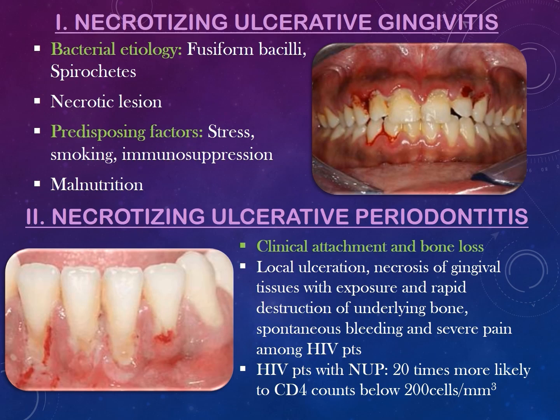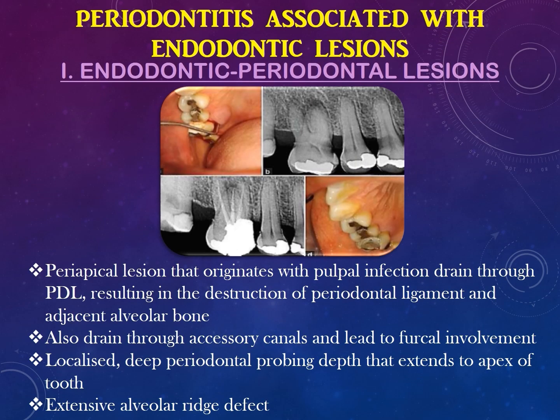Next, moving on to periodontitis associated with endodontic lesions. First among that are the endodontic periodontal lesions. In these lesions, the pulpal necrosis will precede the periodontal changes. The periapical lesion that originates with the pulpal infection drains to the periodontal ligament, resulting in the destruction of the periodontal ligament and adjacent alveolar bone.